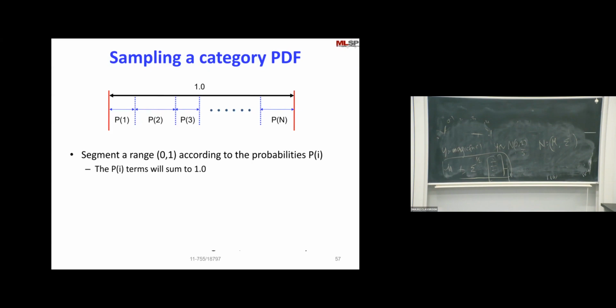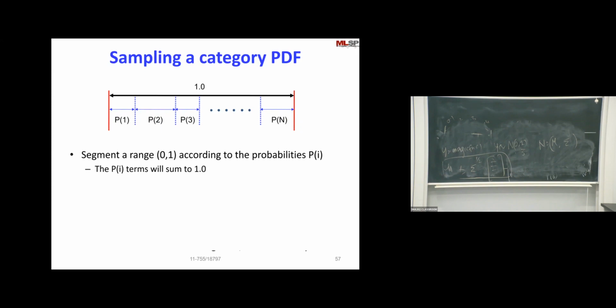Everyone with me? Okay. So now I've given you the tools. How do I generate data from a Gaussian mixture? First, I would choose from the categorical distribution to select the Gaussian according to the mixture weight, and then draw a vector from that Gaussian using this procedure. Right? Everybody with me?